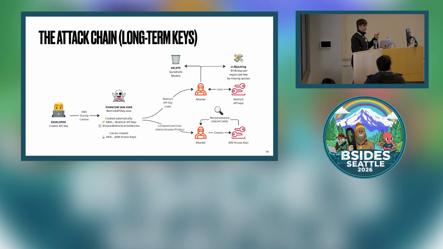And then we have the second path, which is if there is a compromised user in your account, an attacker can use that user to create IAM access keys in that phantom IAM user, and without creating any new identities, the attacker would be able to do reconnaissance in your account.